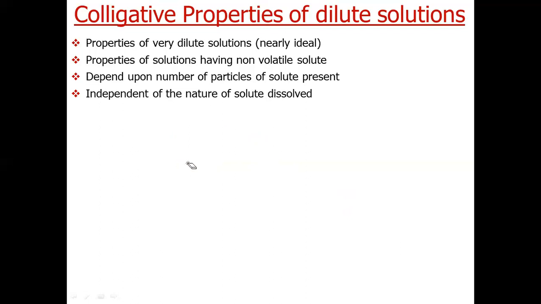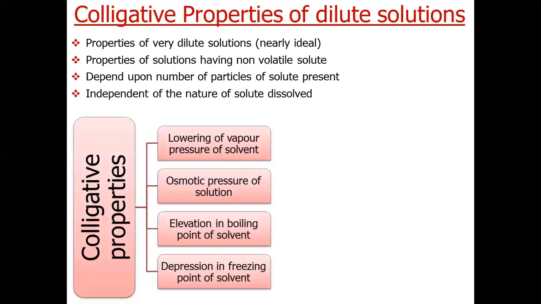So far we know that the properties of dilute solutions which depend only upon the number of solute particles and are independent of the nature of solute are called colligative properties. So now what are various types? Basically there are four colligative properties. First one is lowering of vapor pressure of solvent.